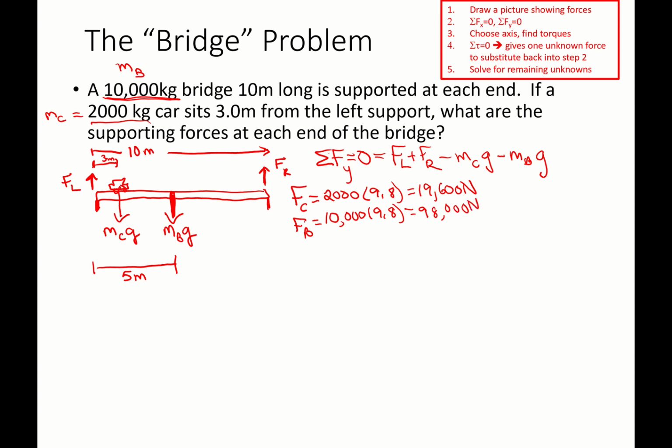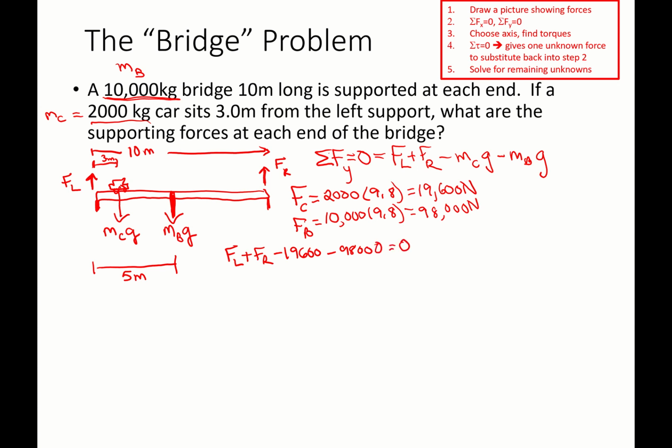Okay, so what we have is that for the forces, the force on the left plus the force on the right minus 19,600 minus 98,000 equals 0.